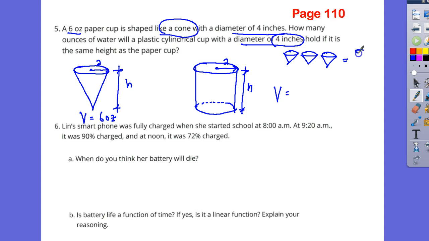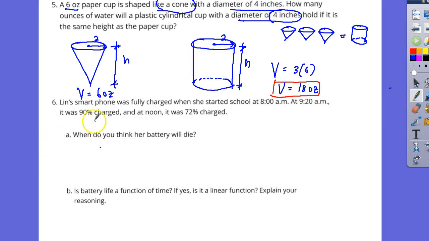That's equal to 1 cylinder. So for us to figure out the volume of the cylinder, all we have to do is multiply this volume by 3. So the volume of the cylinder will be 3 times 6. So the cylinder can hold 18 ounces of water.